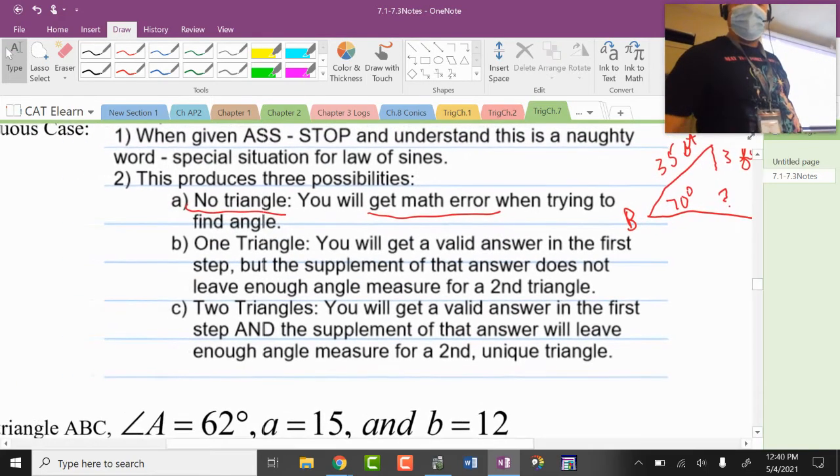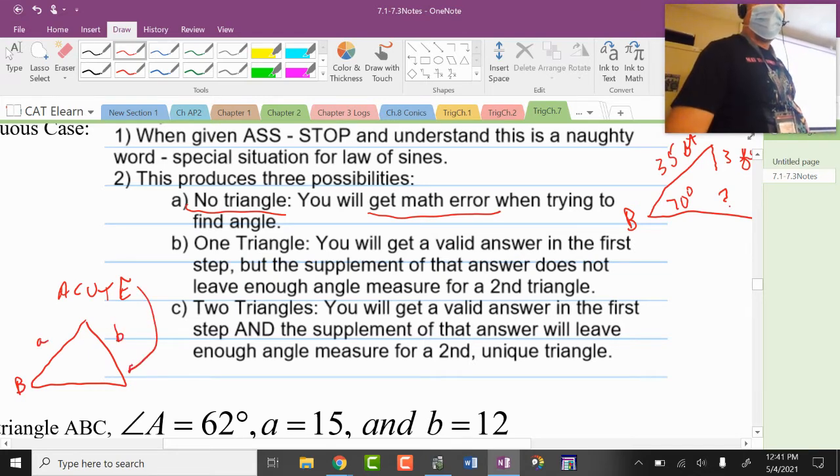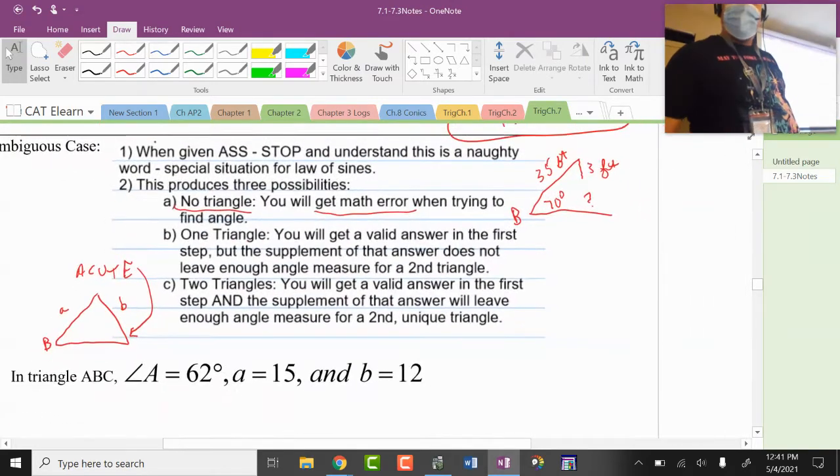And I will put that for the two triangles. One is acute. So you're given like this angle B, side A, and side B. And then this angle is acute that you find. And then the second triangle is an obtuse triangle.